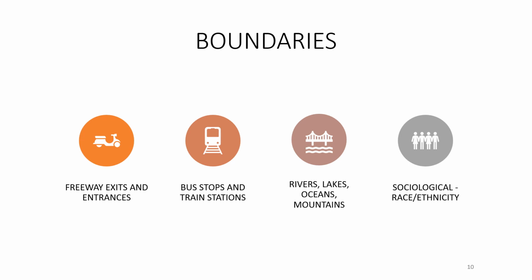Physical boundaries which restrain both the murderer and the victim can include natural formations such as rivers, lakes, oceans, mountains, and even forests. I would also add that sociological boundaries may also affect movement because of racial or ethnic identification.